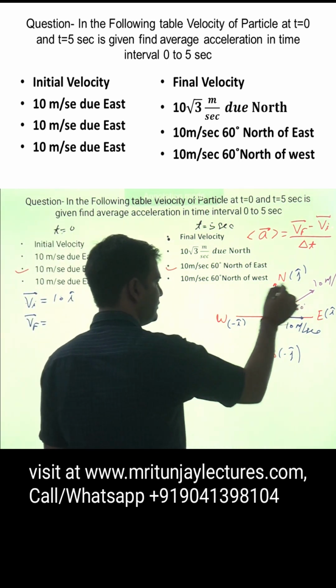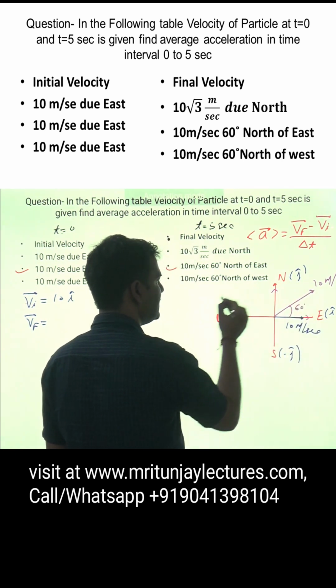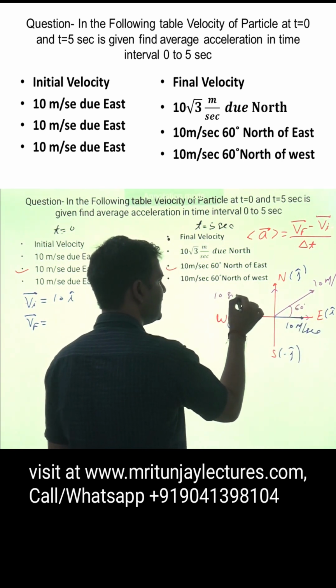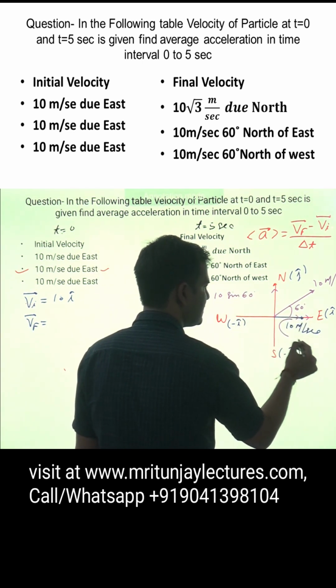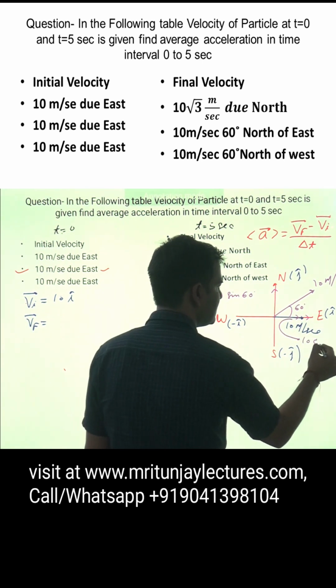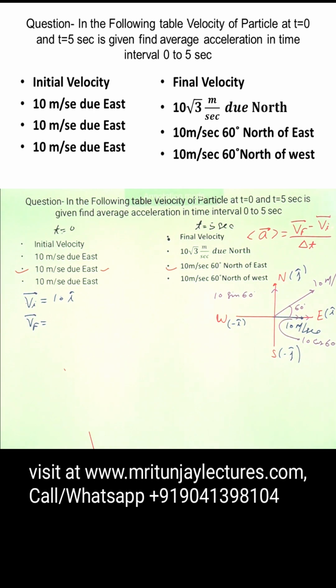So that one is divided into two parts, that one and that one. That is 10 sin 60 degree, and here 10 cos 60 degree. Okay.